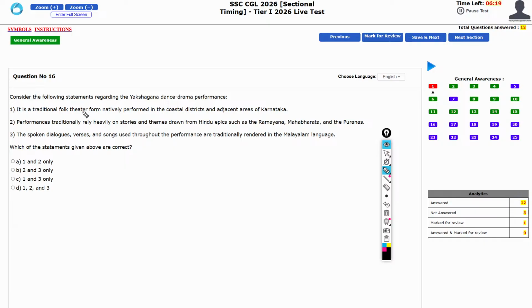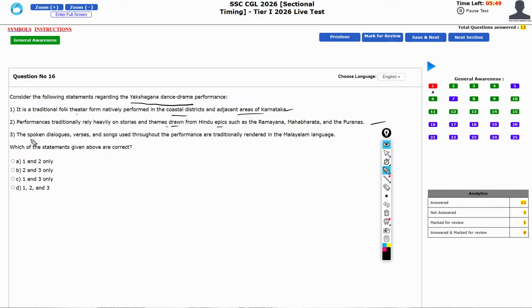What is a traditional folk theater? Again, this one, Yakshagana dance. Okay, I have to just eliminate one. It is a traditional folk theater form natively performed in coastal districts of Karnataka, with performances traditionally based on stories and themes drawn from Hindu epics.